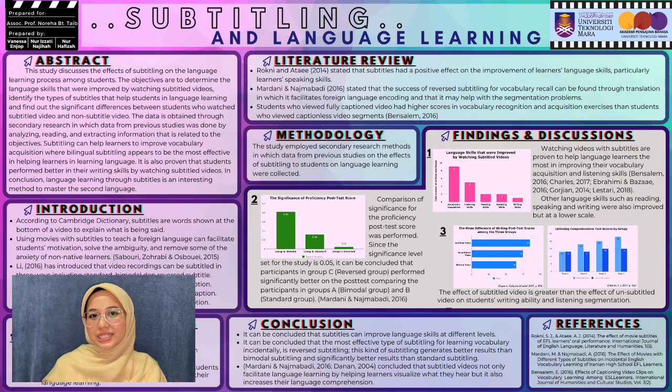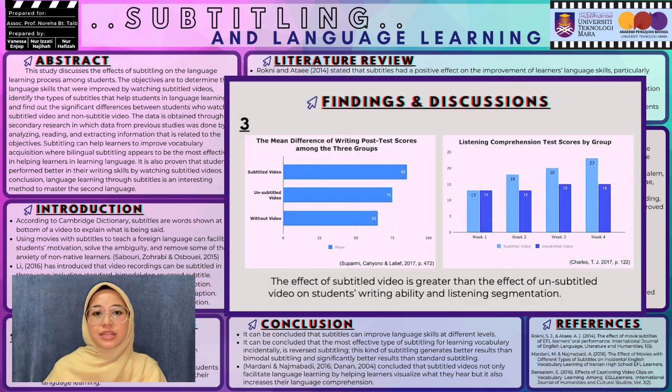Now let's proceed to our final findings. These 2 graphs represent the effects of subtitled videos, where it has greater effect than unsubtitled video on students' writing ability and listening segmentation.